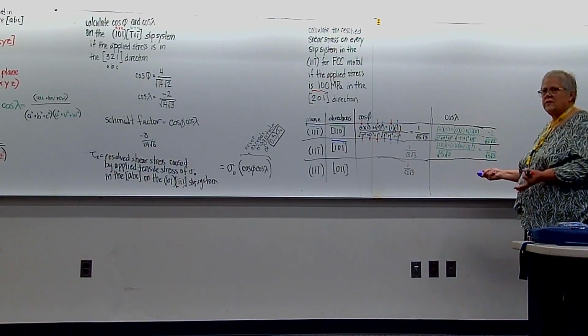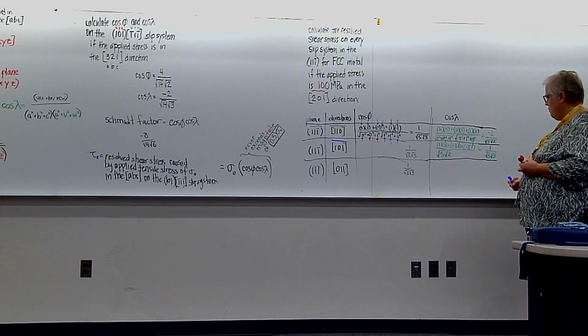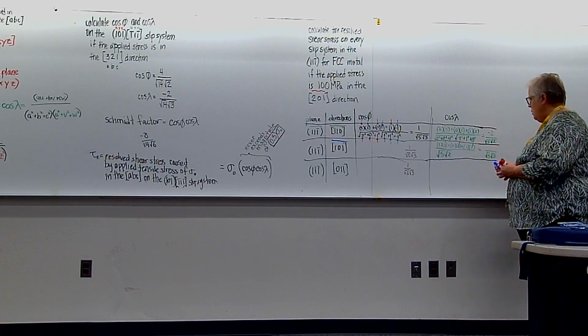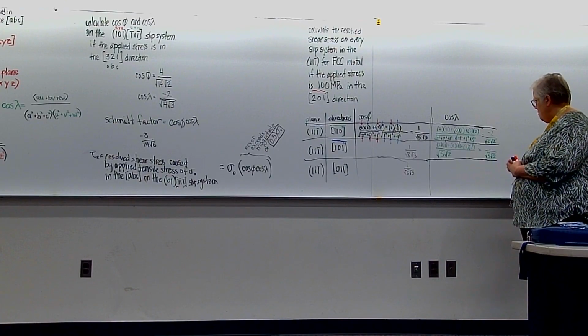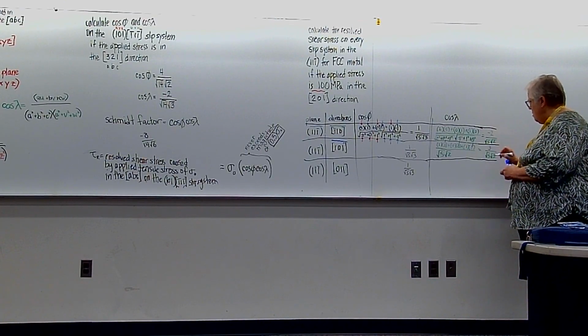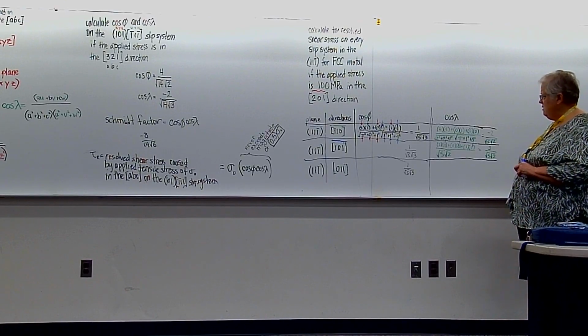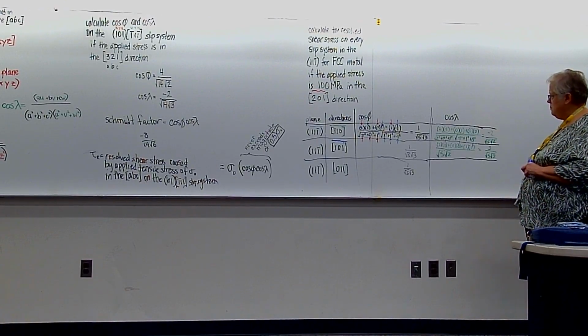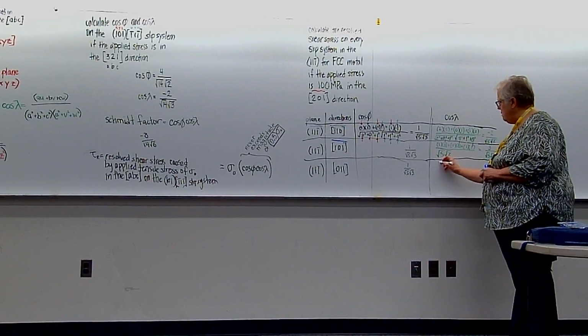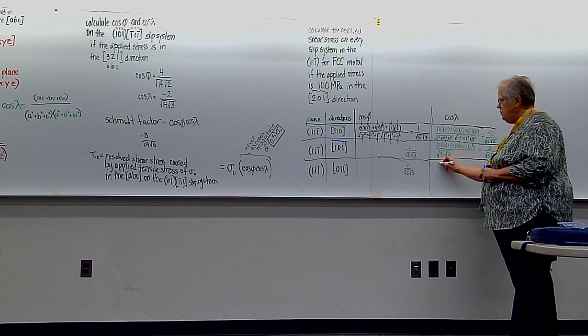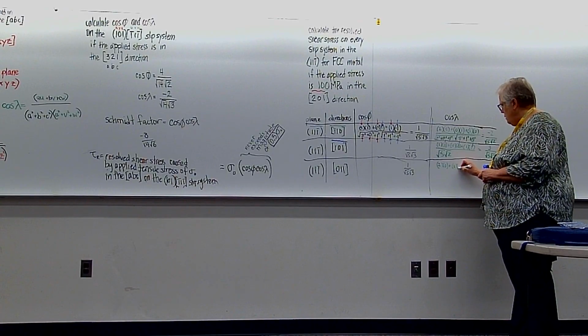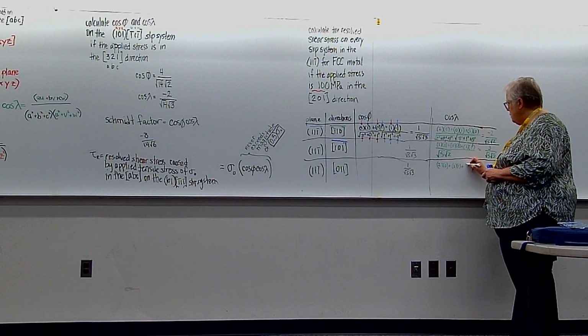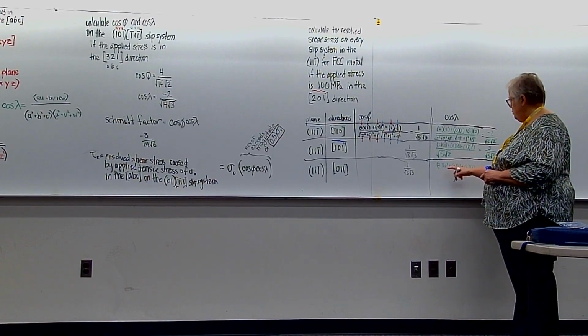The denominators will always be the same, so this is 2 plus 1, 3. So the last: 2 times 0 plus 0 times 1 plus 1 times 1. There we go.